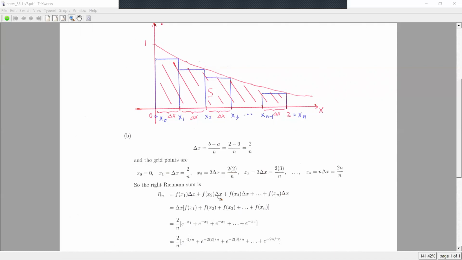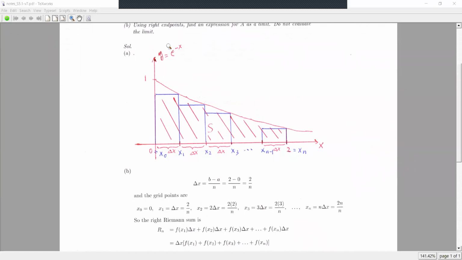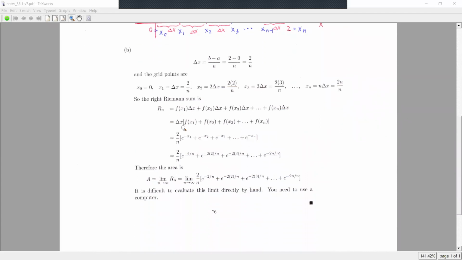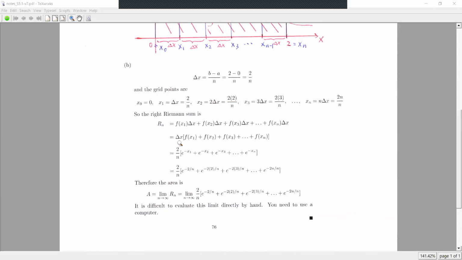Now factor delta x out, then we get this equation. Then plug in the function. What is the function? The function is e to negative x. So the function value at x1 is e to negative x1. The function value at x2 is e to negative x2, and so on. Delta x is 2 over n.